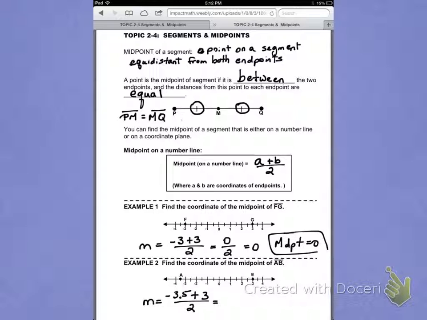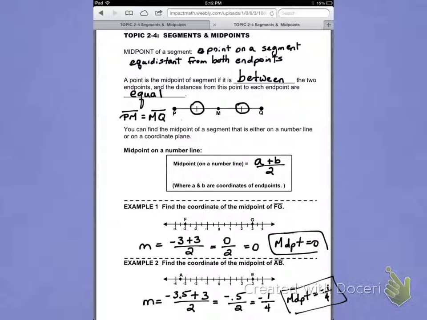When we take the difference here, we have -0.5 over 2, which is -1/4. Okay, so our midpoint is at negative 1/4.